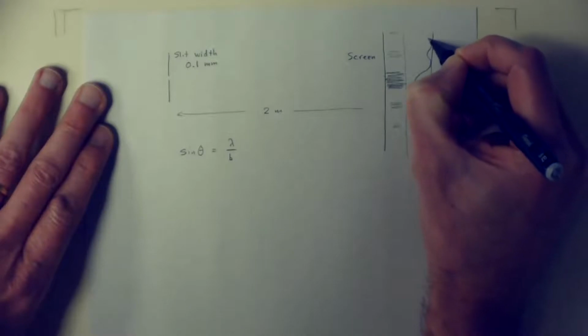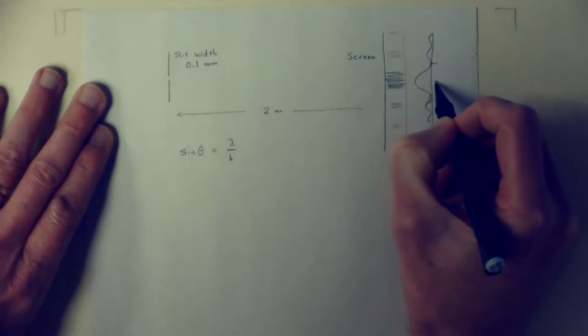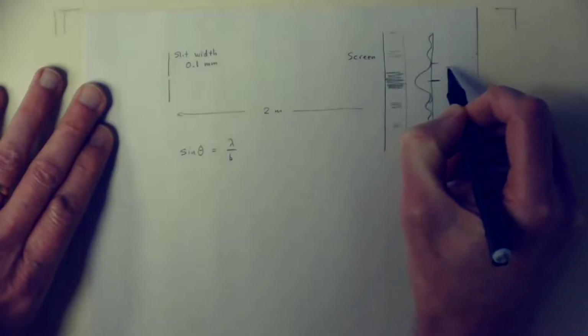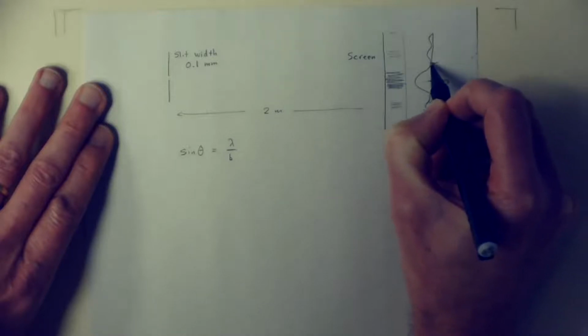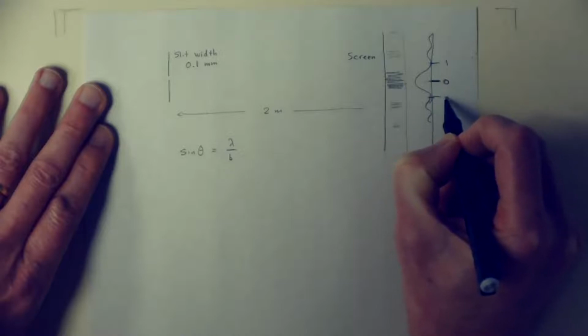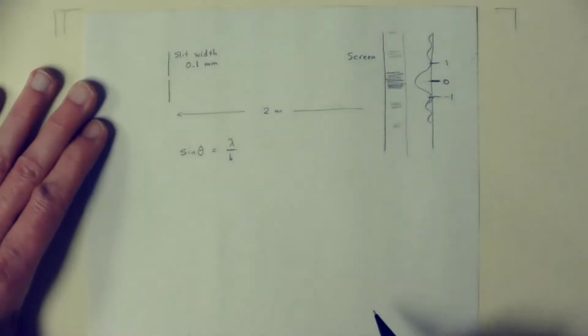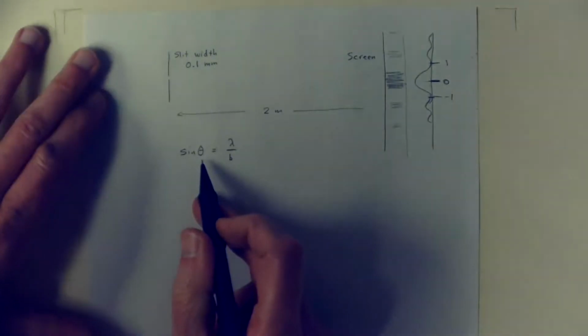That's the pattern that we're trying to work out. And what we can calculate is the angular distance from right at the center up to the first minimum, or right at the center down to the first minimum on the other side. That's what we're going to try to calculate from this.